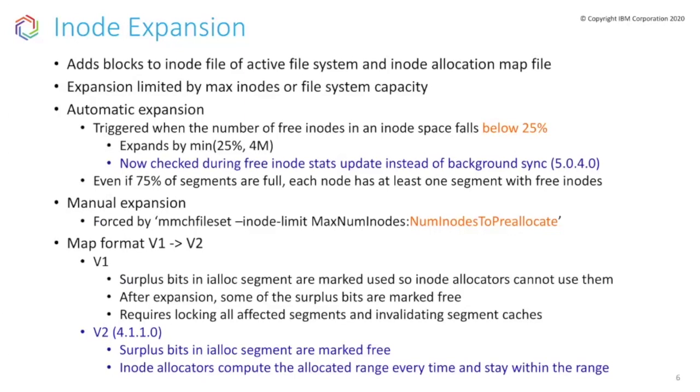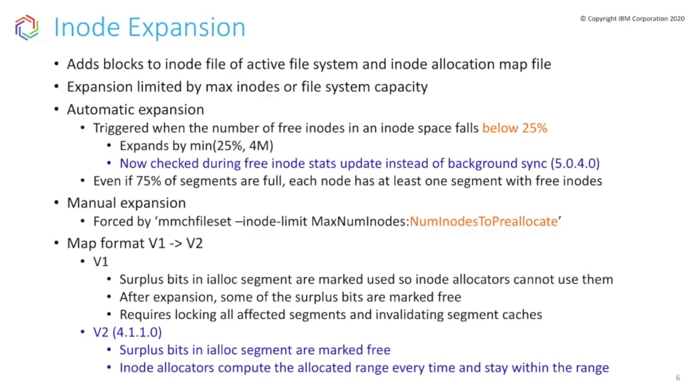This expansion is limited by, as I said before, the maximum inode limit that you as a user can set on that inode space, or by the overarching limit that the file system determines based on how many small files can fit into the file system. So it will refuse to increase the max limit beyond that number.